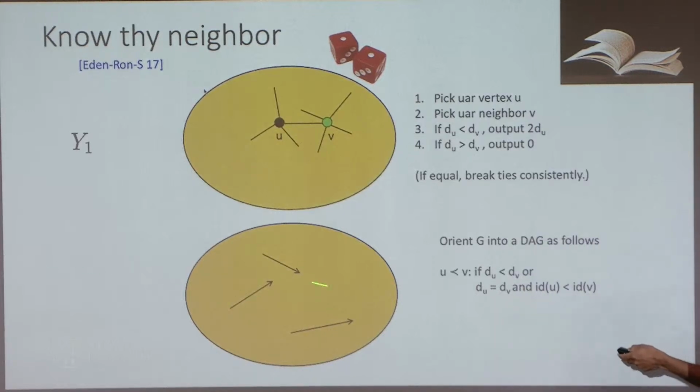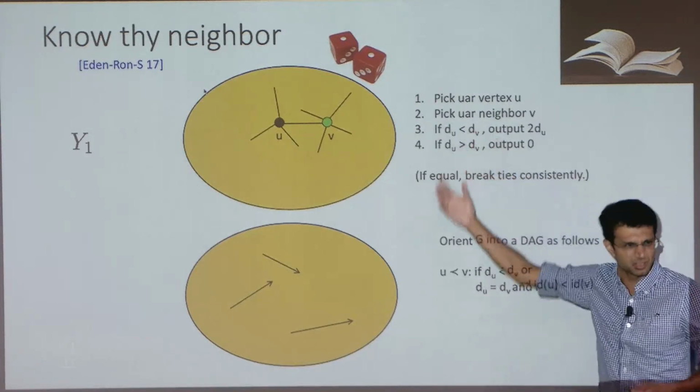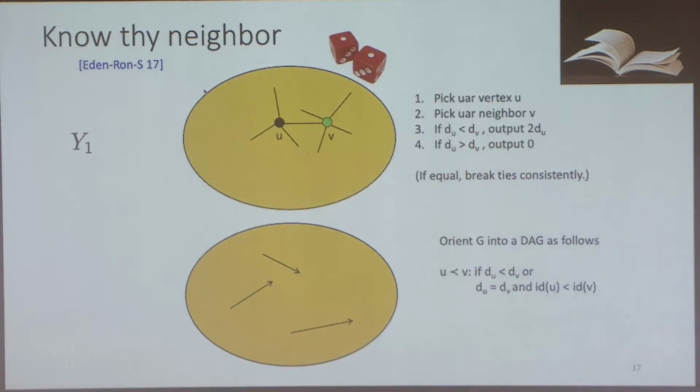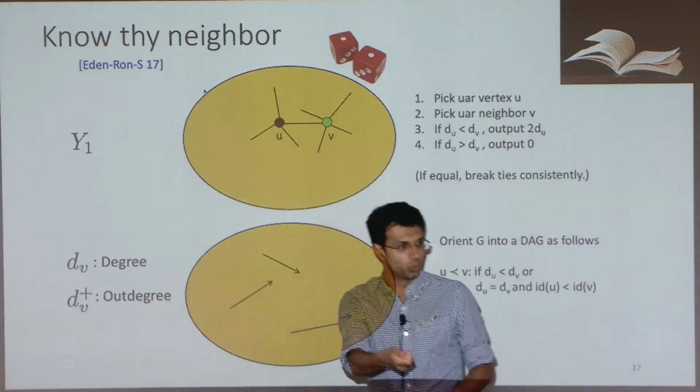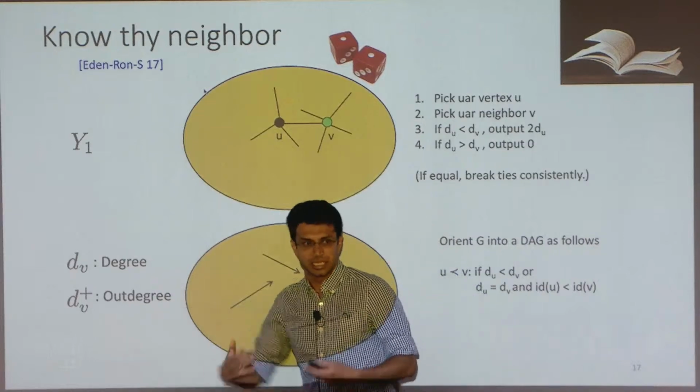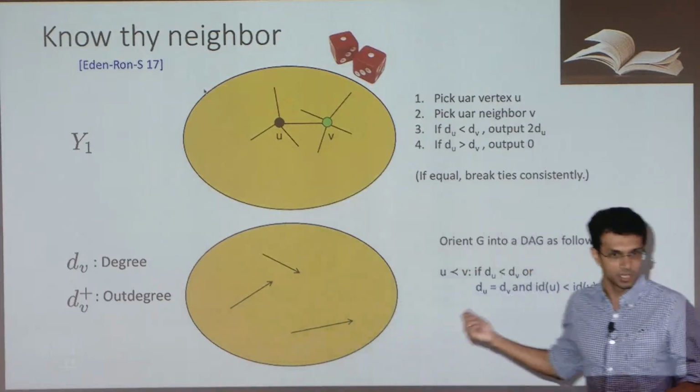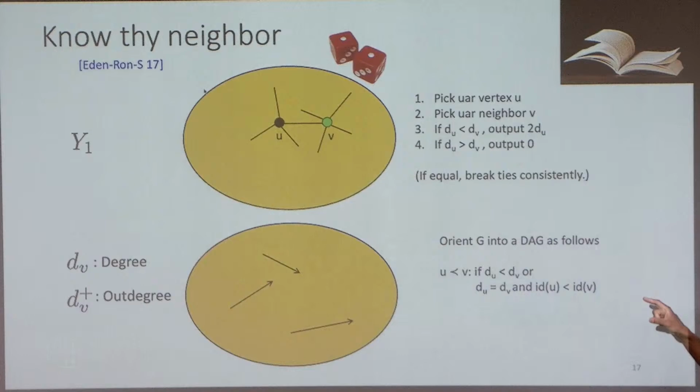So this orientation is just directing depending on the degree. And if the degrees are equal, then you're using the ID to break ties. Okay, so this orients the graph into a DAG. So dv is the degree, which is the thing that you query. dv plus is the out degree. Of course, the algorithm doesn't know what the out degree is, but we'll use it in the analysis. Okay, so far, so good.